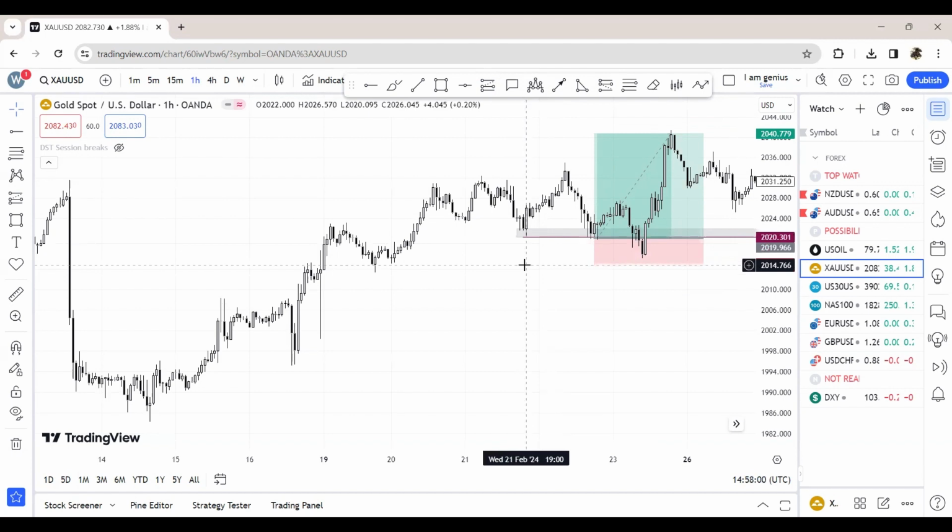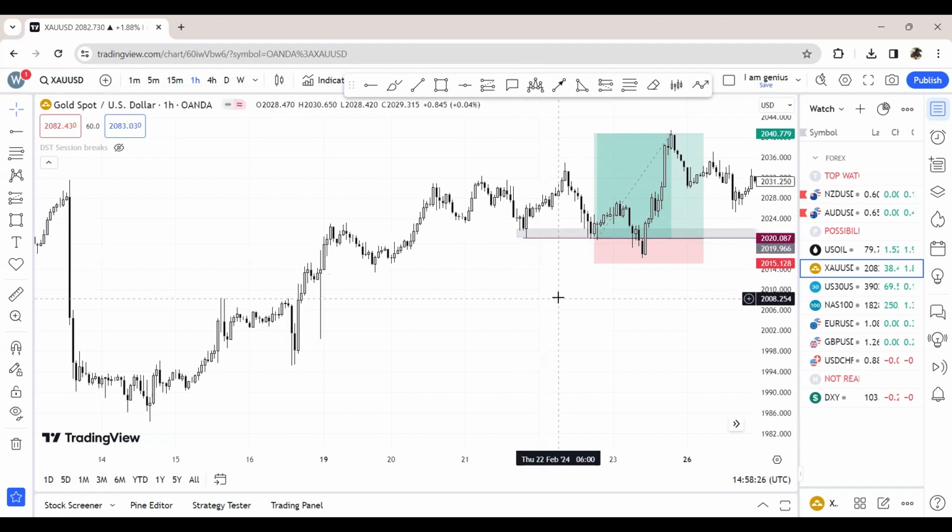Because remember, in order for a market to create these liquidity grabs, what it will need to do is break the lowest point. So at the point that you assume you're going to enter from, you are not going to enter the market. Instead, you put a straight line like this one that I've put.